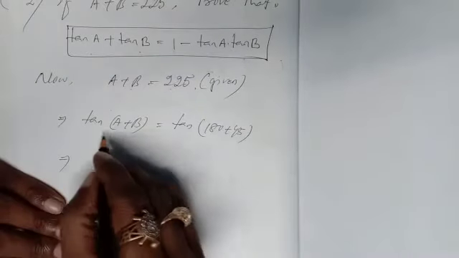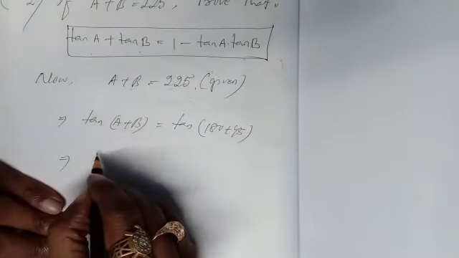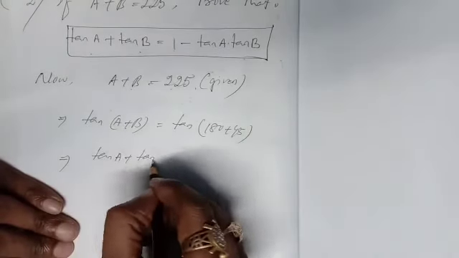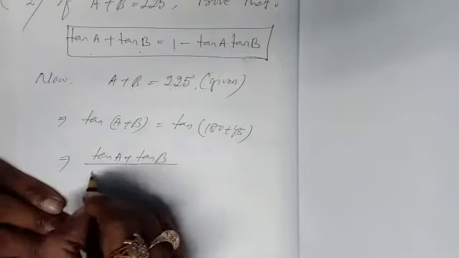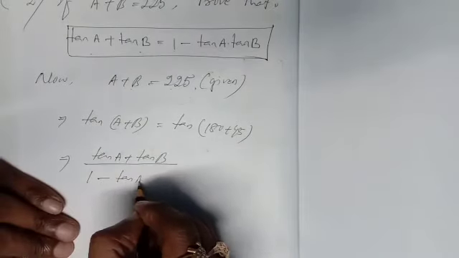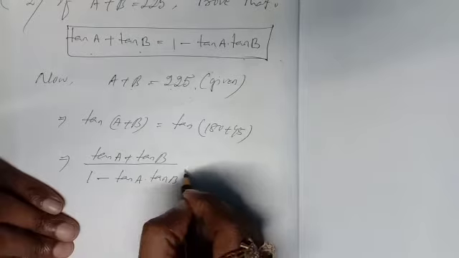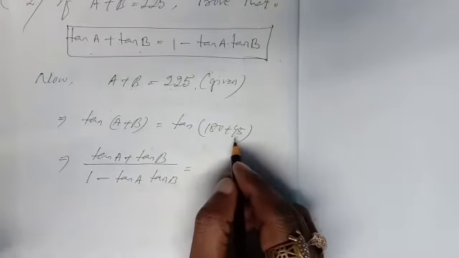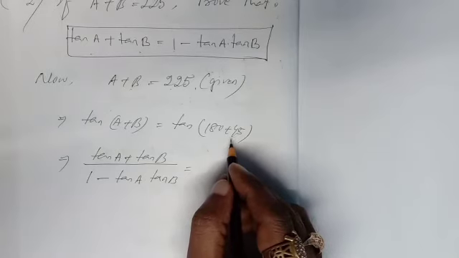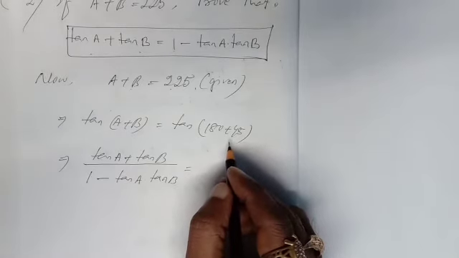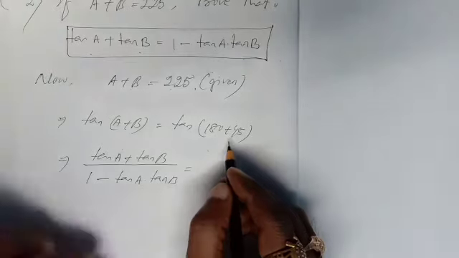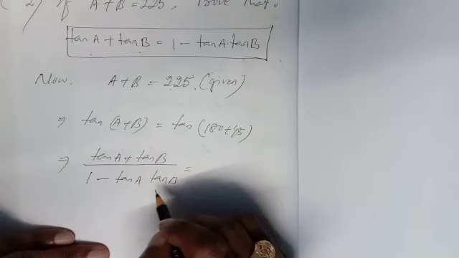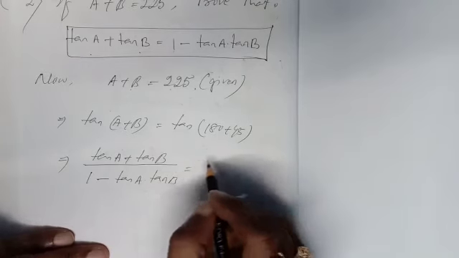Just see. Now apply the tan (a plus b) compound angle formula. Tan (a plus b) formula is tan a plus tan b whole divided by 1 minus tan a into tan b. Now tell me, tan (180 plus theta), which quadrant? First of all, see the quadrant, coming more than 180 degree, this will be the third quadrant. In case of third quadrant, as I explained, add sugar to copy, means tan and cot will be positive in third quadrant.